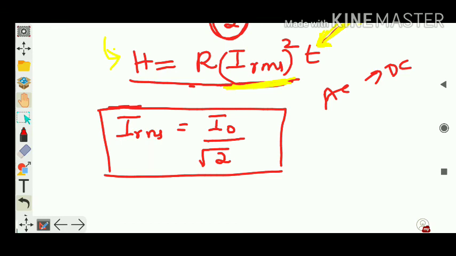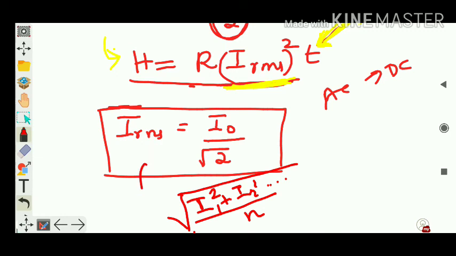RMS current is the root mean of the square of the current. You first calculate the square of the current at different instants, then find its mean, I1 squared plus I2 squared and so on, and then take the average. That is your IRMS current, and it is equal to 1 by root 2 times the peak value of current.